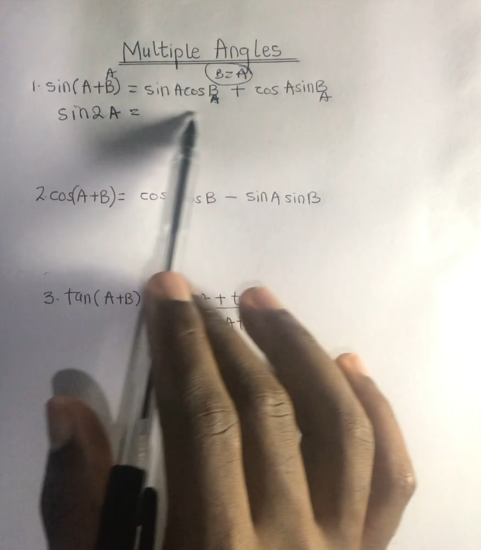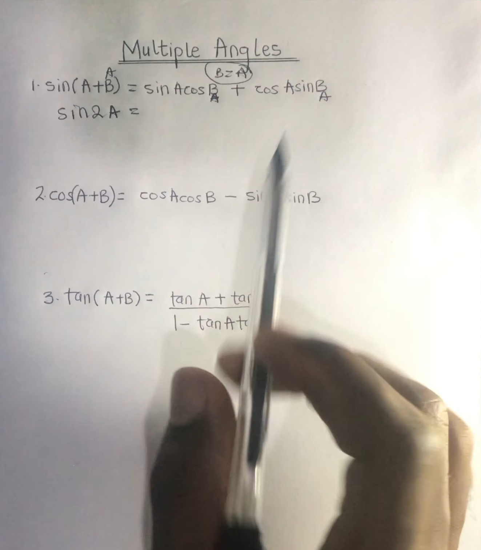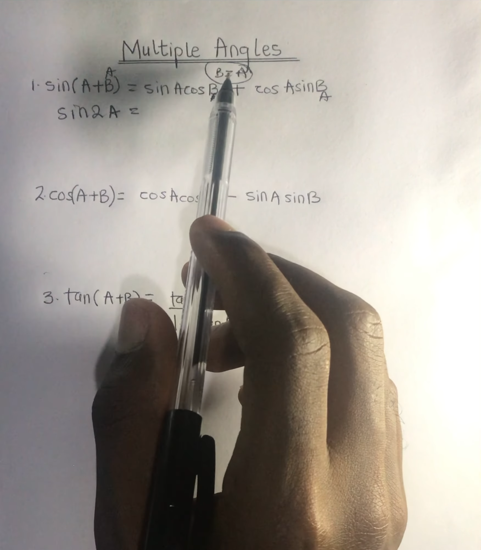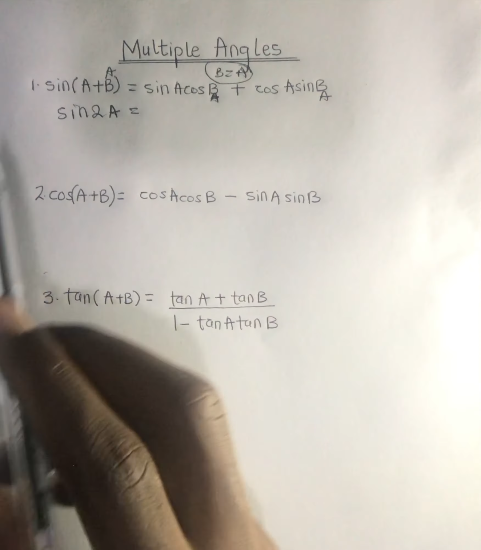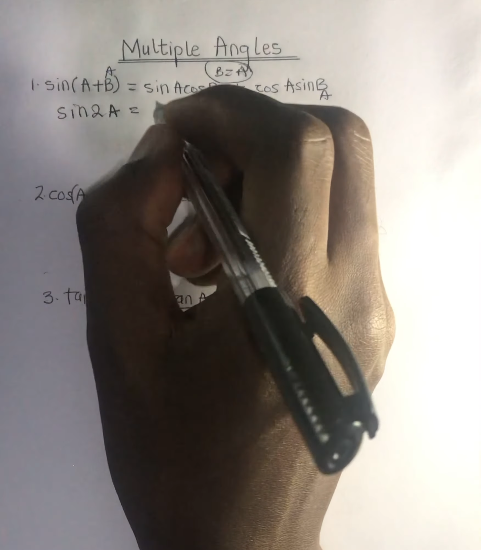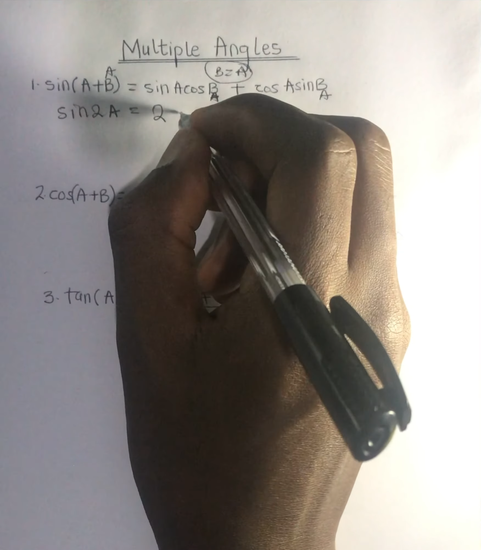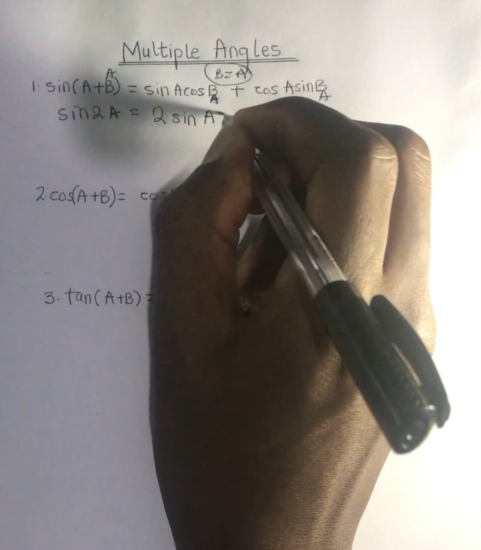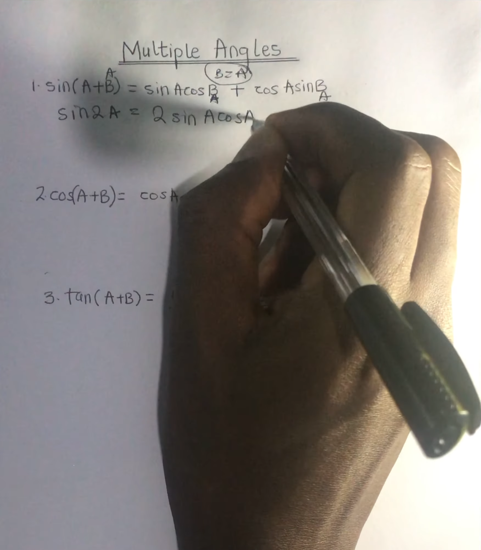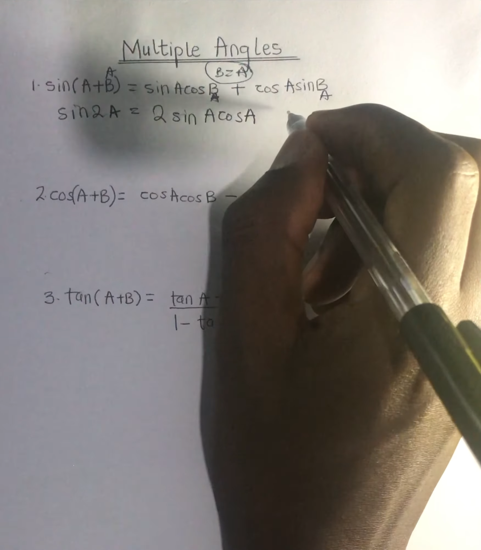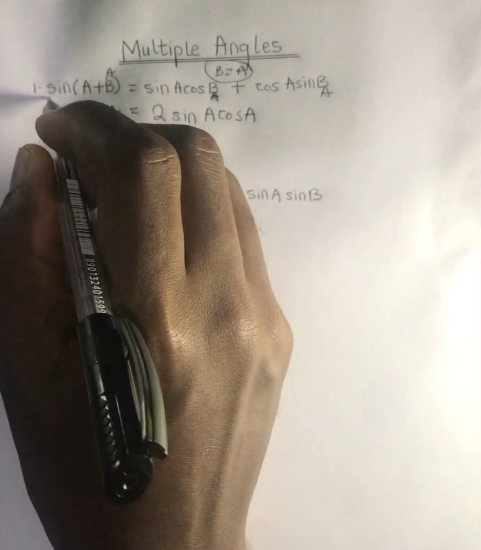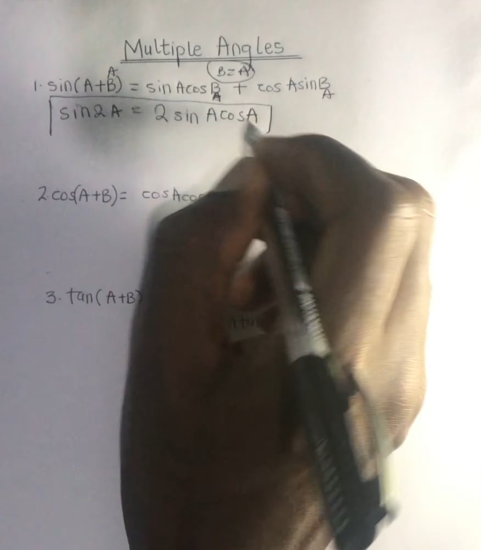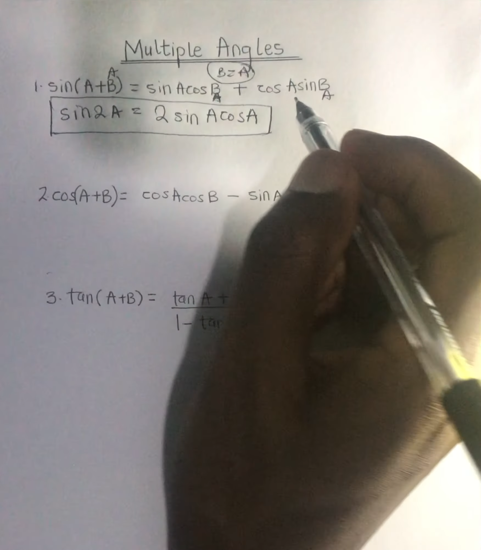And since this becomes equal to this, when we substitute the B with A, we obtain the expression 2 sine A cos A as our first expression, right? So now this is our first expression for multiple angles.